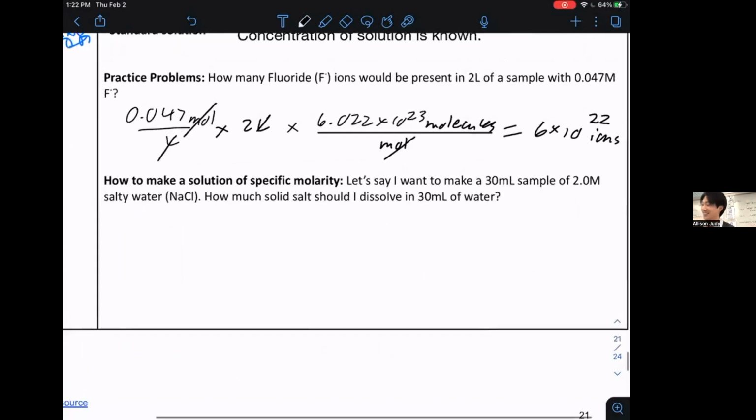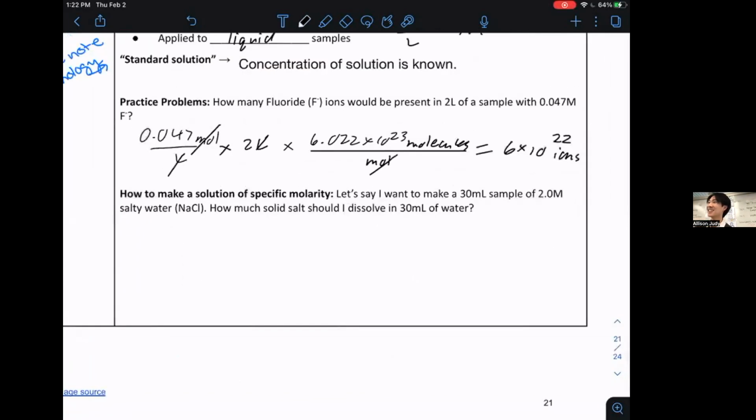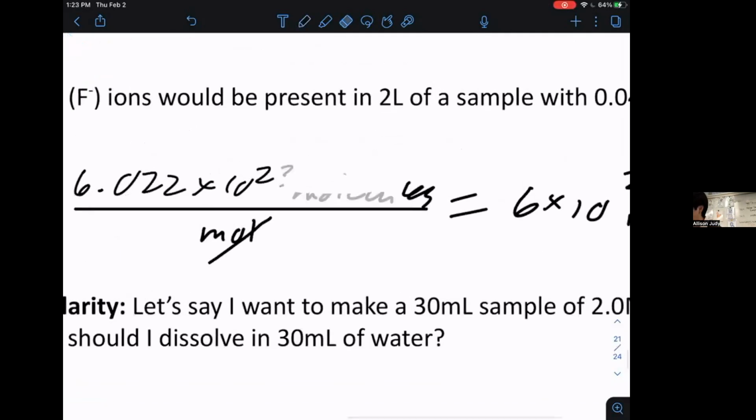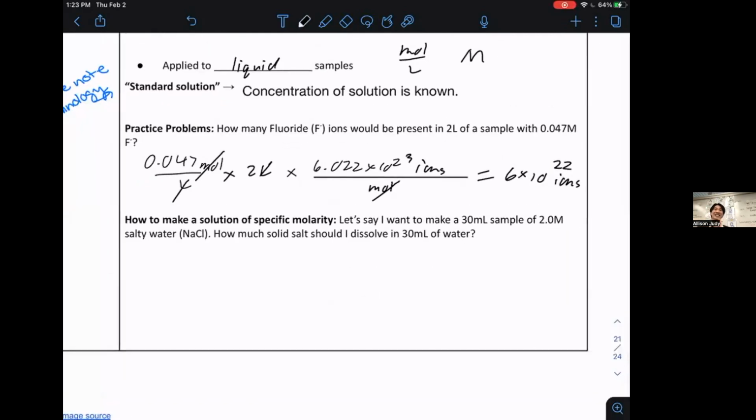Anyways, moving on. Ions per mole. Any other questions? No, great, fantastic. Moving on.